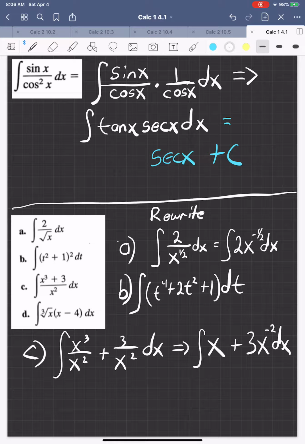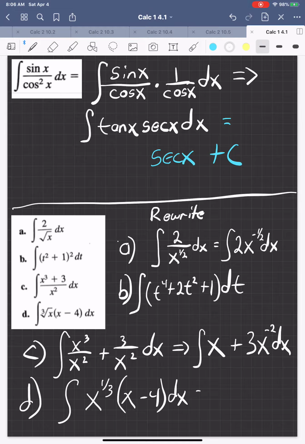And finally, for part D, I would turn that radical into x to the power of 1/3. The last step I would do is distribute, so that you get x to the power of 4/3 minus 4x to the power of 1/3.